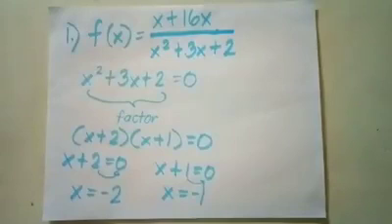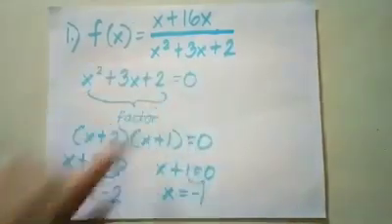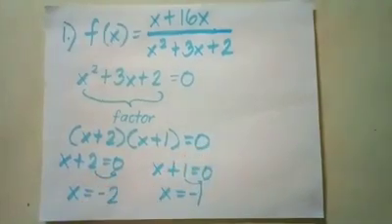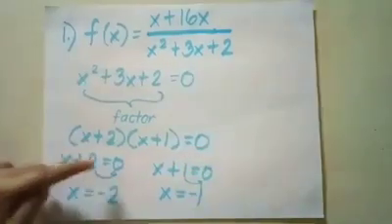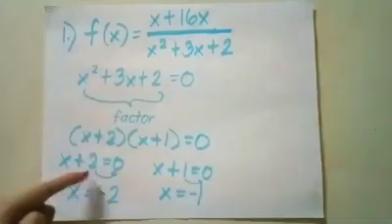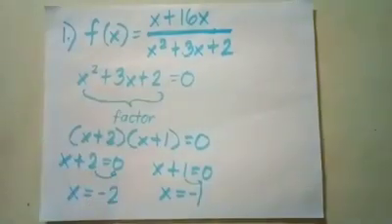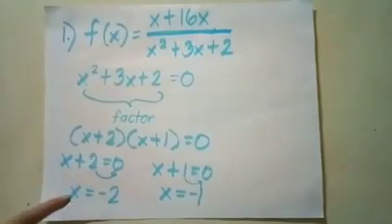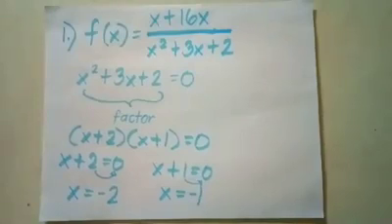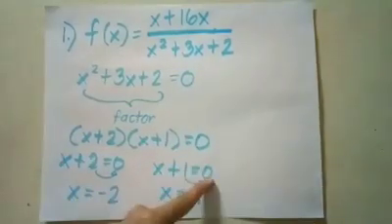After you find the factors of this expression, equate the factors to 0. So, x plus 2 equals 0, you need to transpose 2 to the right side. So, x equals negative 2. Same thing for the other factor, you need to transpose 1 to the right side.